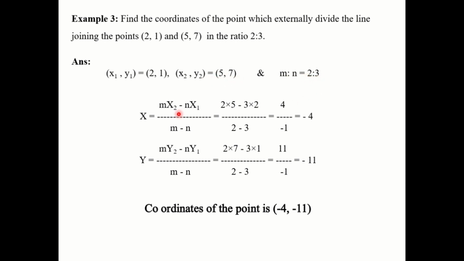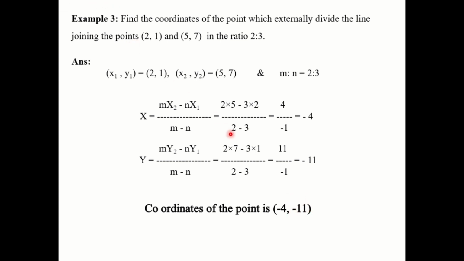By putting in the values, x will be mx2 minus nx1 divided by m minus n, and we get minus 4 as the x coordinate. And y is equal to my2 minus ny1 divided by m minus n, and we get minus 11. These are the coordinates of the point which divides the line externally: the x coordinate is minus 4 and the y coordinate is minus 11.